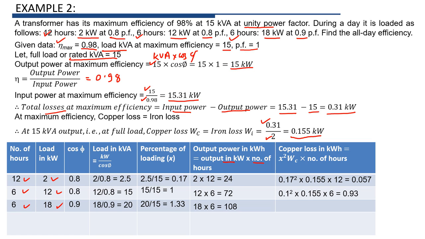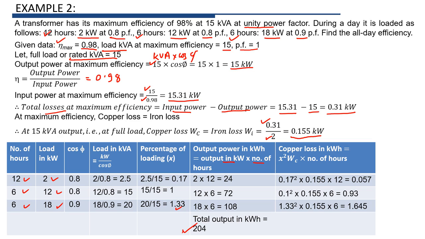And during the last slot the percentage of loading X is 1.33. So 1.33 square into Wc, that is 0.155, into number of hours, these are 6. So it is 1.645. Now we can determine the output in kWh for 24 hours by adding all these outputs. So total output in kWh is 24 plus 72 plus 108, which is 204 kilowatt hour.